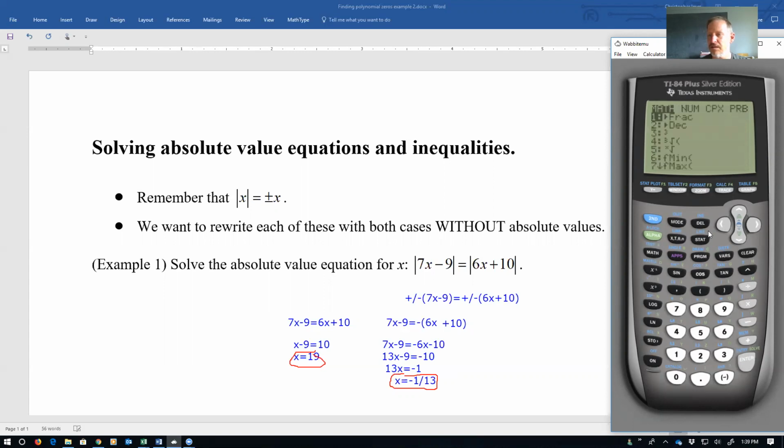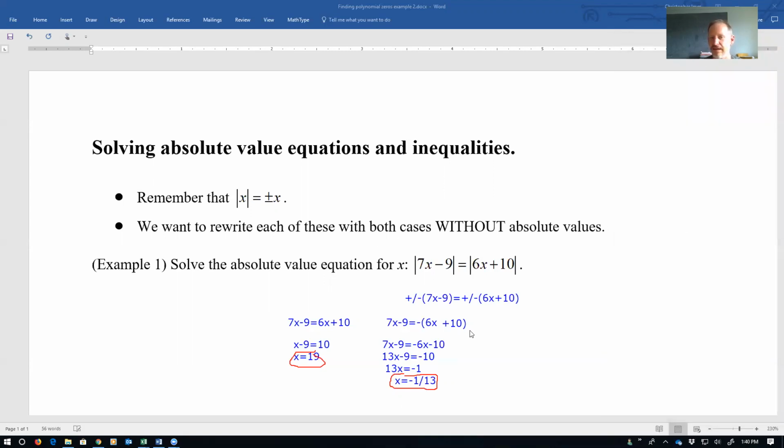I can do math absolute value again and use the right-hand side. 6 times 19 plus 10. And that will also equal 124. So x equals 19 checks out. You can also verify by the same process that x equals negative 1 over 13 will check out. Those are my two answers.